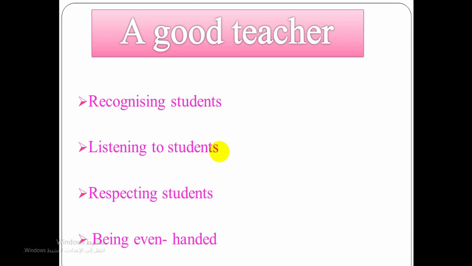Also, we need to show that we are interested in what they have to say. Of course, no one can force us to be interested in absolutely everything and everyone, but at the same time, we should be able to convince students that we are listening to what they say with every sign of attention.